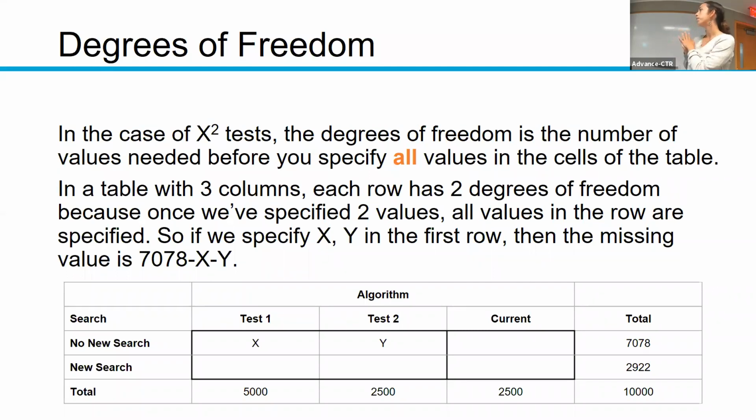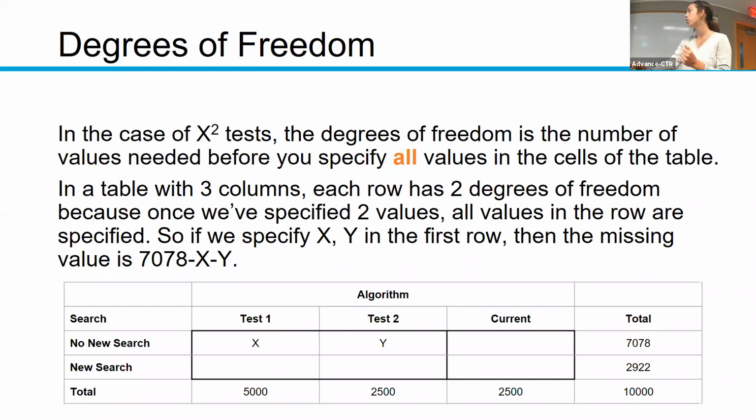For example, if we're looking at the first row, the no new search row, once I've told you that the first 2 entries in this row are X and Y, you're immediately able to derive that the third entry is going to be 7,078 minus X minus Y.